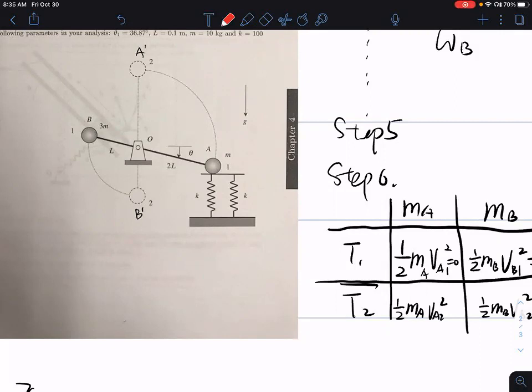But if I set up this point at position 1 as my 0 reference point, this particle A is going to have 0 potential energy at position 1. So I can put a 0 there. So where you set up your 0 reference point can simplify your solution.